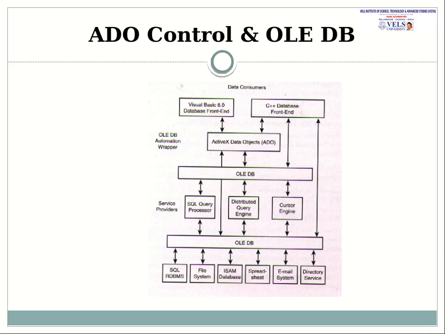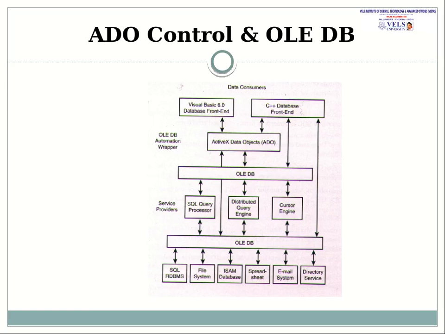The different types of applications reside at the bottom: SQL, RDBMS, file system, ISAM database, spreadsheet, email system, and lastly directory services. These applications link directly with OLE DB, and OLE DB connects with the cursor engine, distributed query engine, and SQL preprocessor.